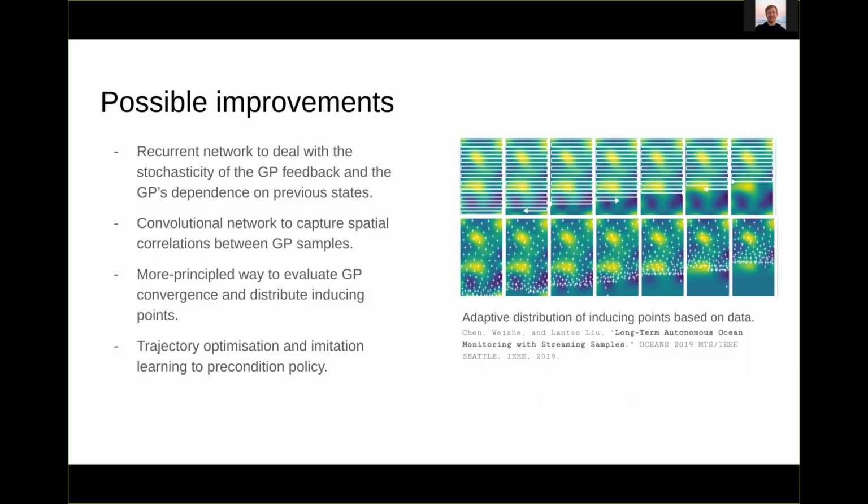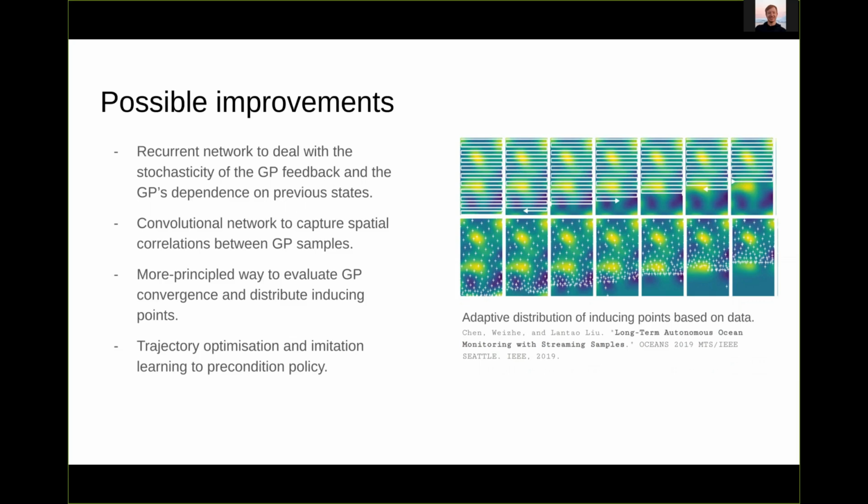Another possible improvement is to include a convolutional network in the policy to recognize the spatial correlation between Gaussian process variance samples. These network types are widely used in end-to-end reinforcement learning approaches for Atari games, with quite a lot of success. Additionally, a more principled way to evaluate the Gaussian process posterior and distribute its inducing points may help to increase the informativeness of the reward signal given to the agent.